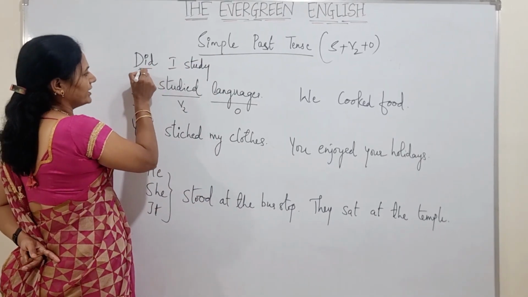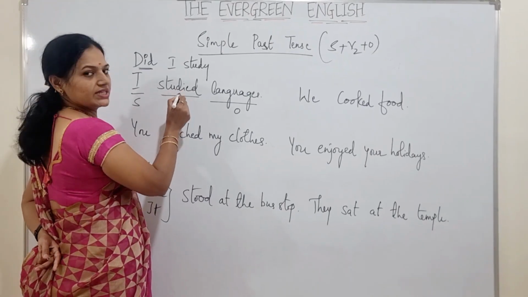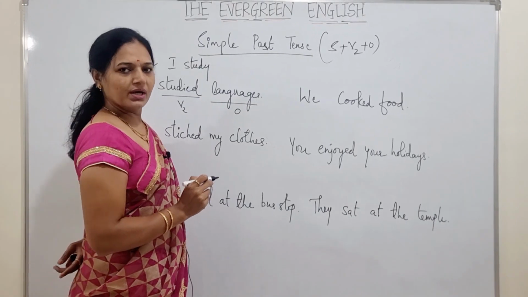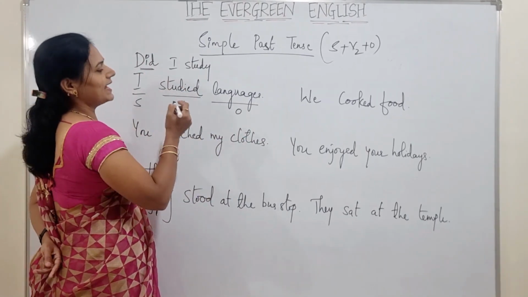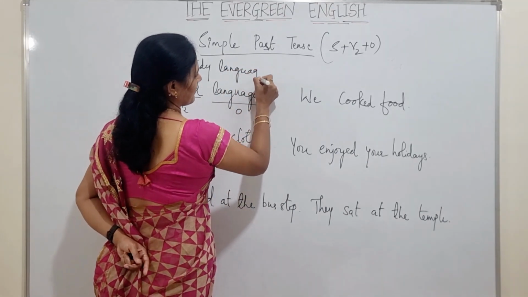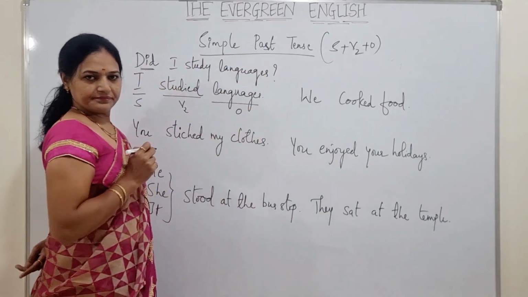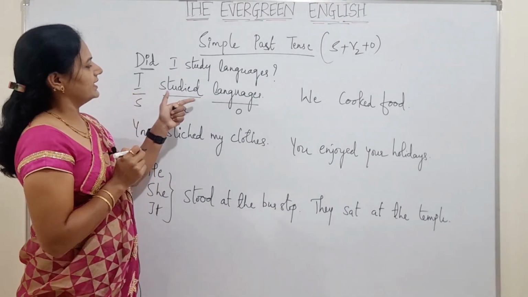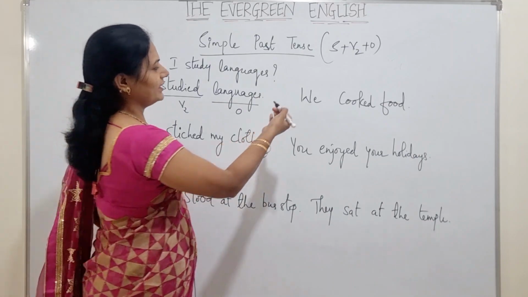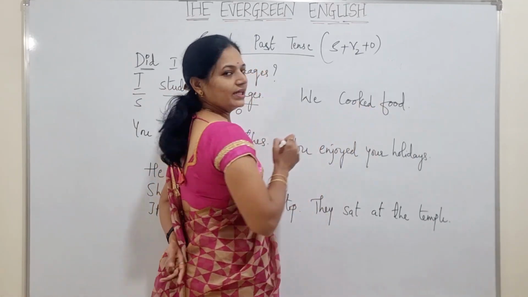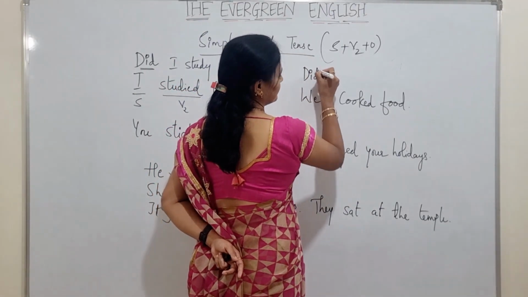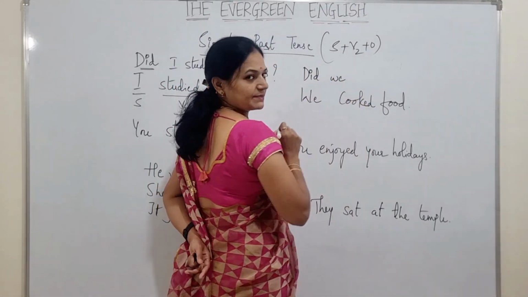As I have already used did in the past form, I change the verb from past form to V1 form. Did I study languages? Clear? I studied languages. Did I study languages? Again, we cooked food. Did we? This is past form.